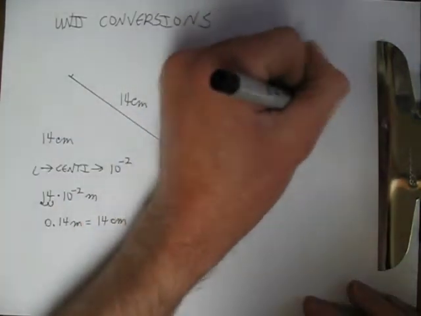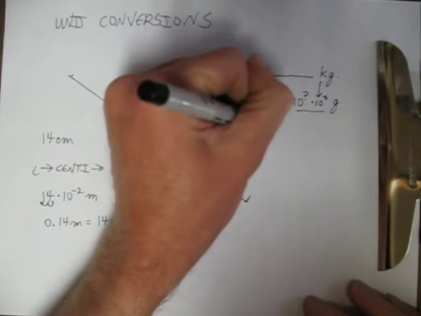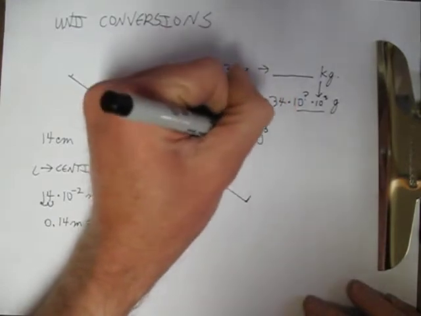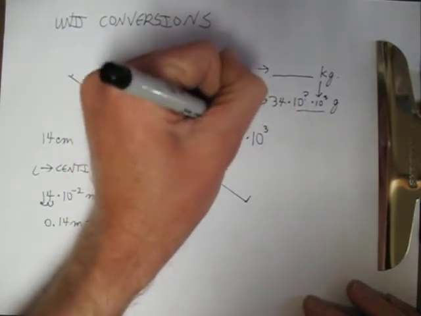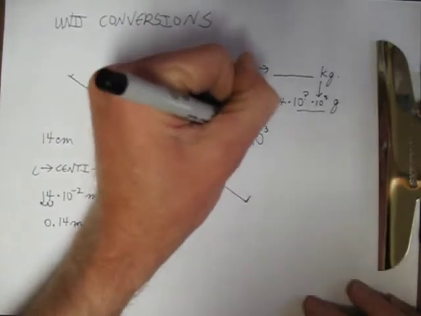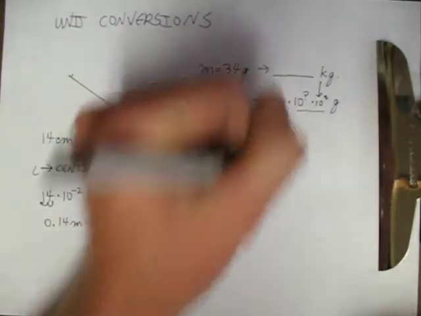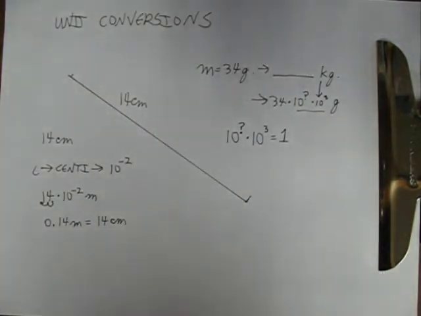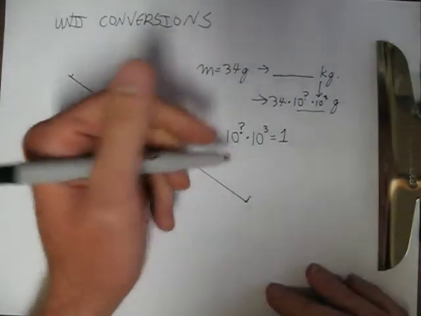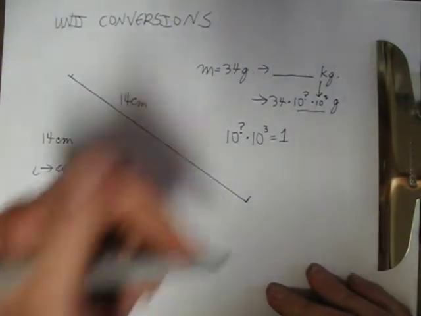So 10 to the negative third times 10 to the third equals 1. Because the whole point is that we can always multiply by 1. One of the most deep things we can do in mathematics is we can always multiply by 1. Okay, so that's not too hard.